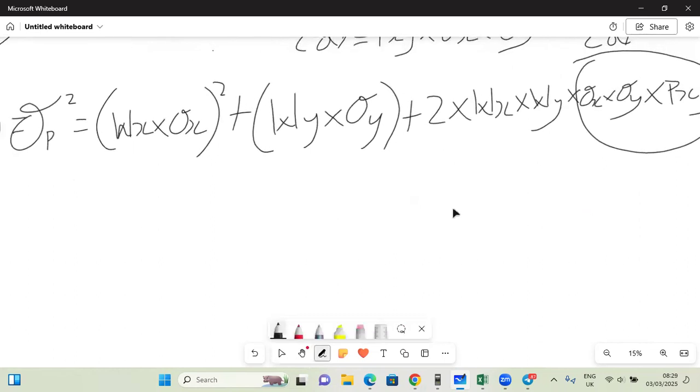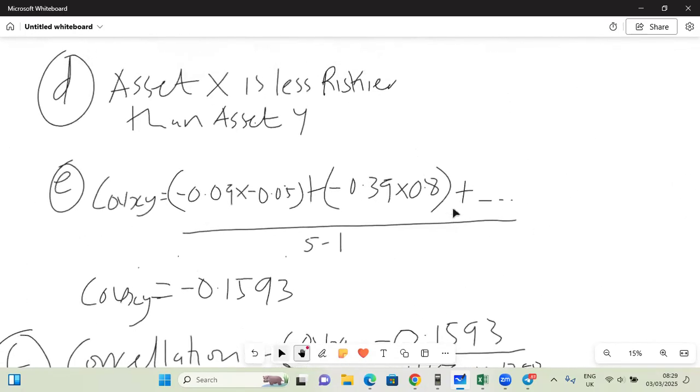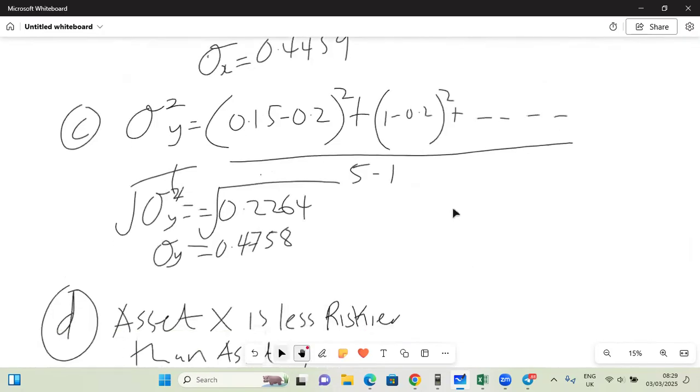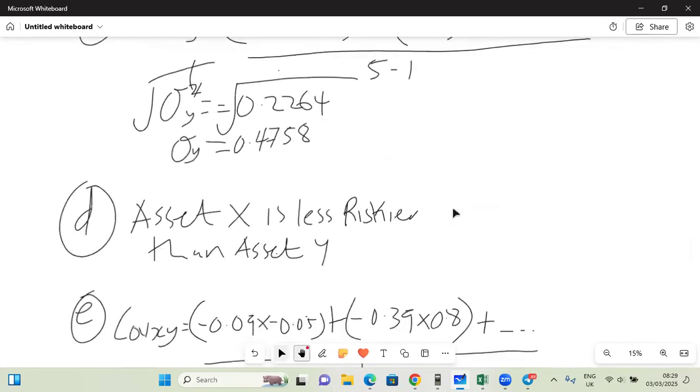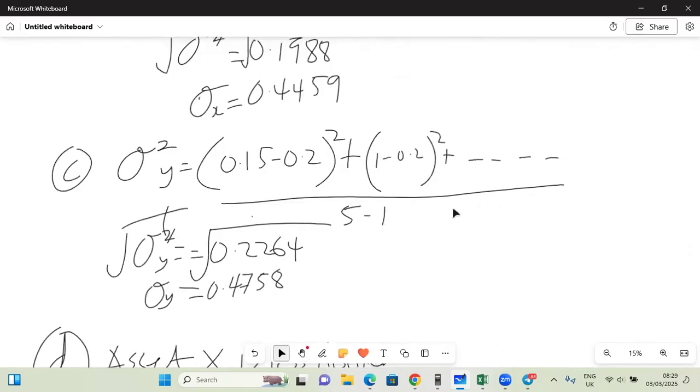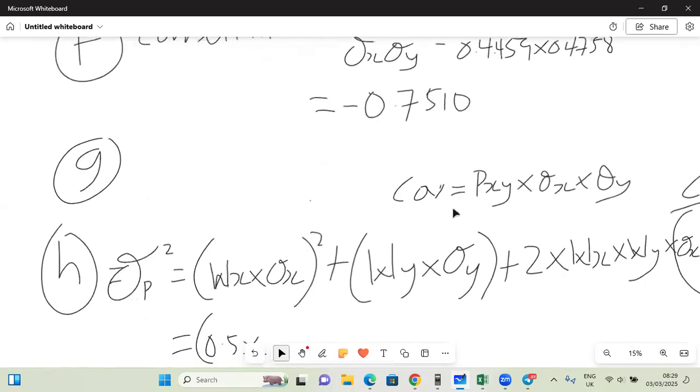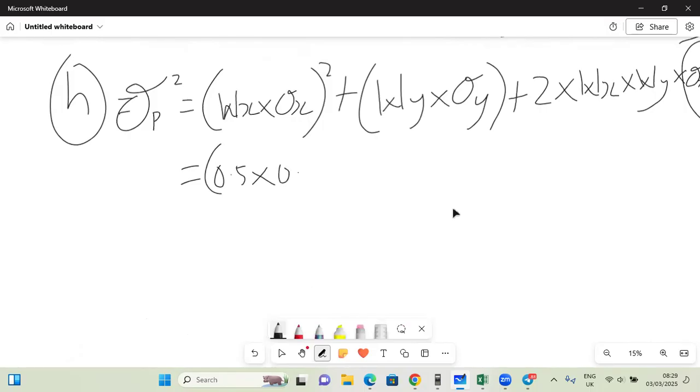All right. The weight of X is 0.5, as we know, and the standard deviation of X we solved up there, 0.4459, squared, plus the weight for this one is also 0.5 because they divided the investment into 2.